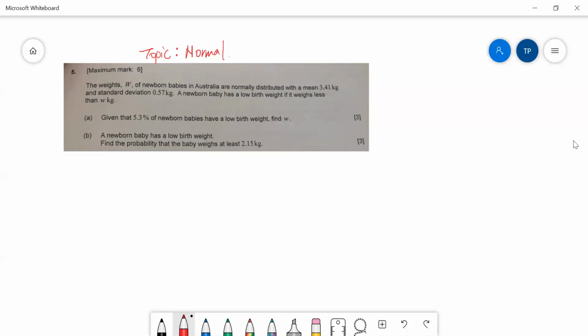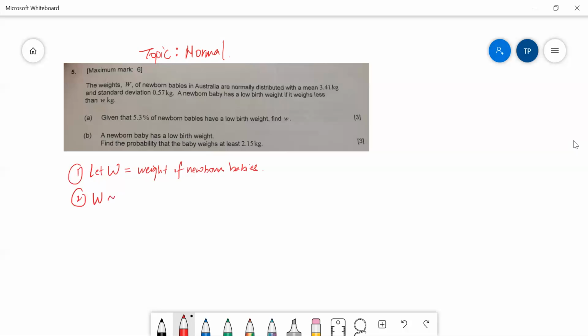The weights of newborn babies in Australia are normally distributed. So we let W be equal to the weight of newborn babies. This is what I will be writing during the exam. They are normally distributed with mean and so on. So this is step 1: always define W. Step 2, define the distribution.